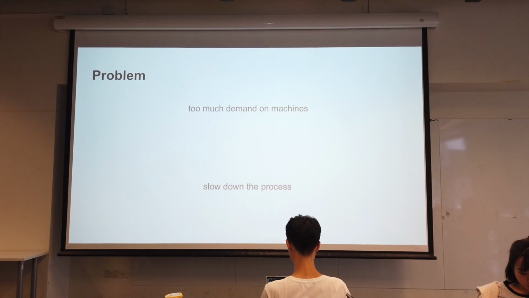This is very inefficient, and we think this is a problem, because people may not know where the cashier is in the first place, and in the second place, they may not even realize that it is faster. So we think the problem we need to solve is the too much demand on machines.